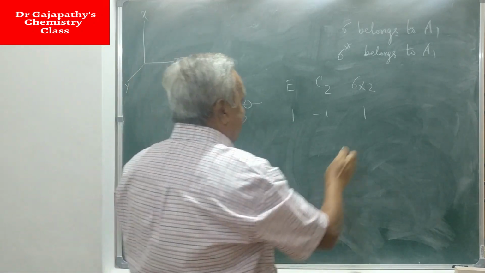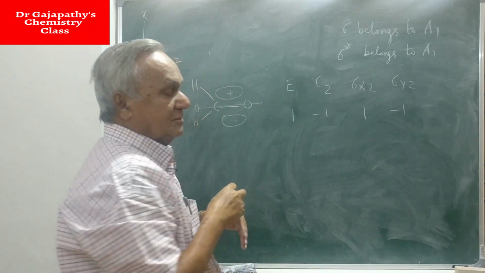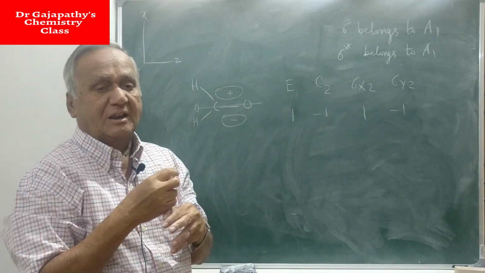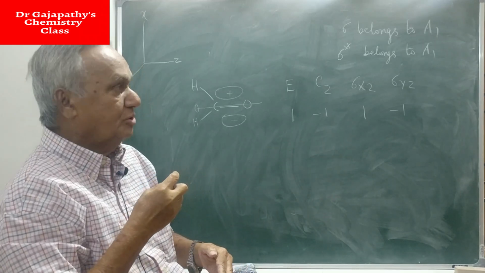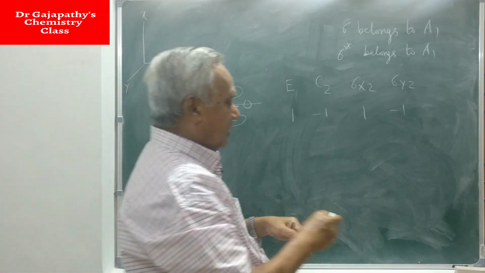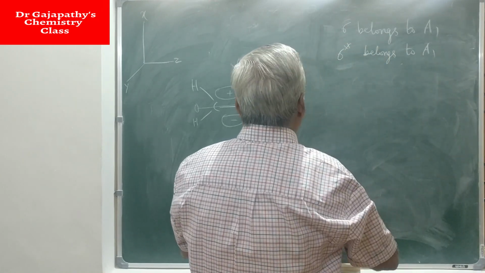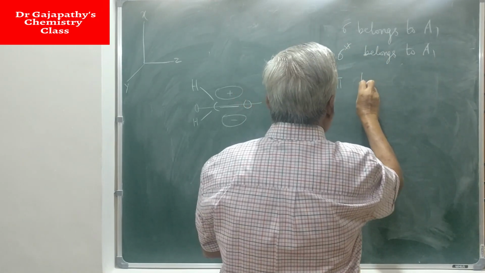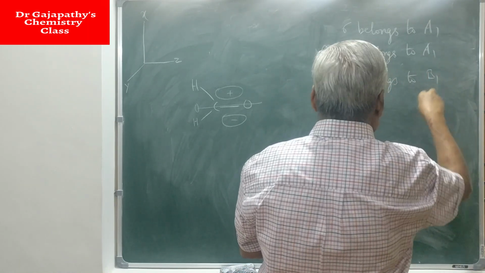So it is -1. You can refer to the character table of C2V point group. 1 minus 1, 1 minus 1 corresponds to B1 symmetry. So I will write it as pi belongs to B1.